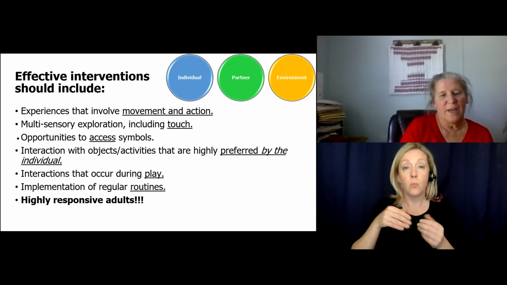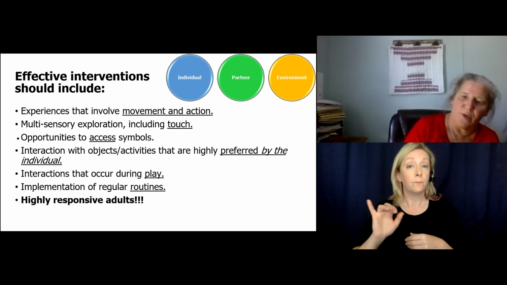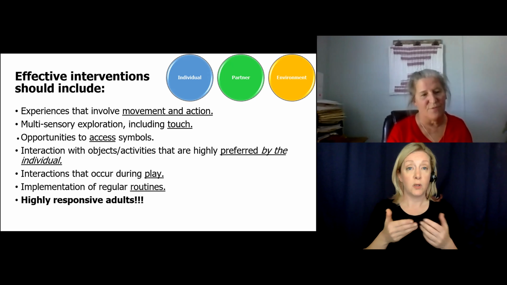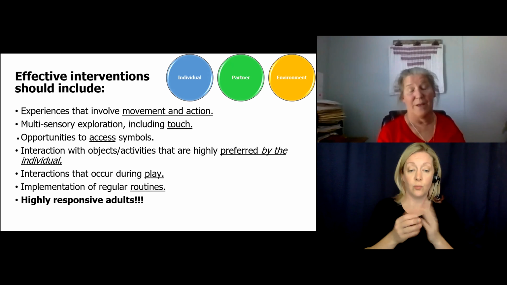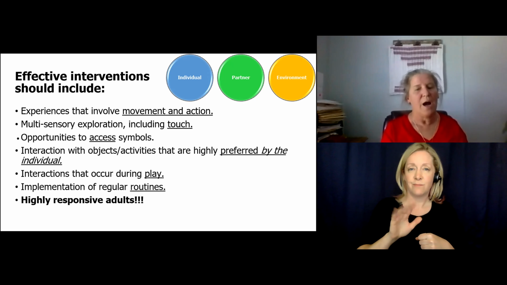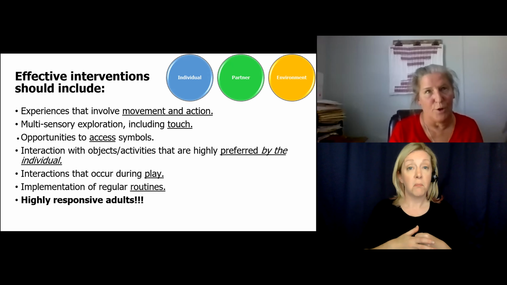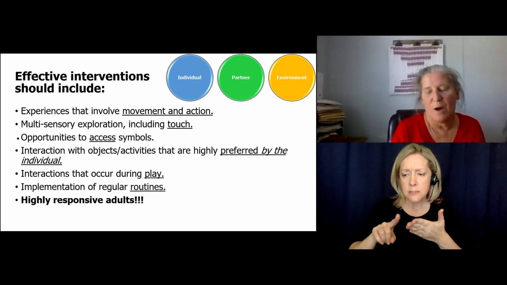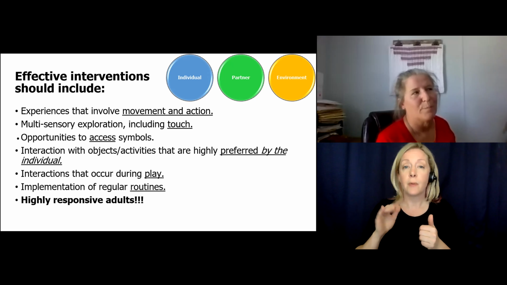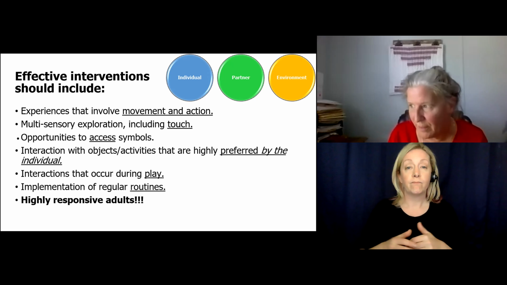We also want interaction with the activities or objects that are highly preferred by the individual, not necessarily by us, but by them. Sometimes that's hard to find, but that's how you're going to get the most bang for your buck. Interaction should occur during play, just having fun with it.